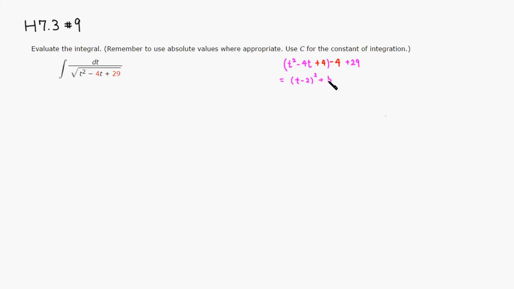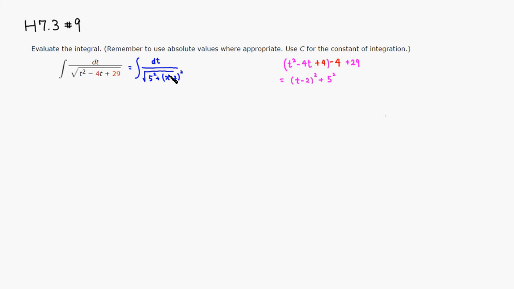So we can rewrite this as the integral of dt over the square root of 5 squared plus (x minus 2) squared.